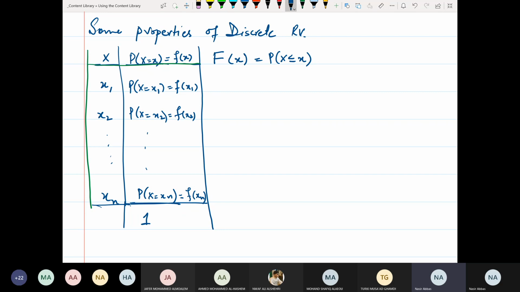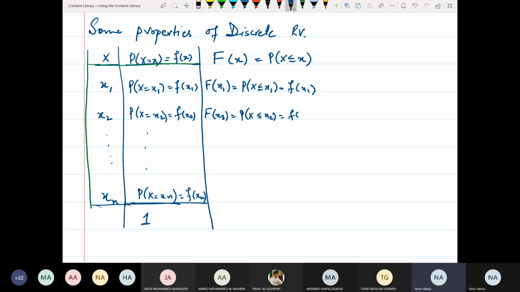So this capital F of X1 will be probability of X less than equal to X1. And that will be simply probability of X1, which is f of X1. For the first one, it will be simply f of X1. For the second one, it will be capital F of X2. This is going to be probability of X less than equal to X2.